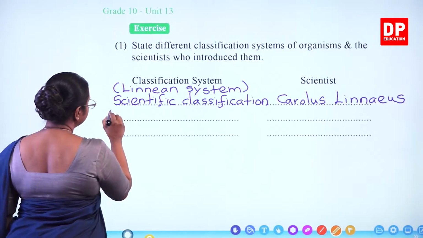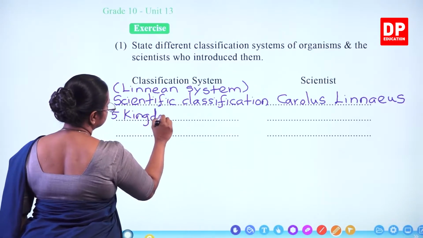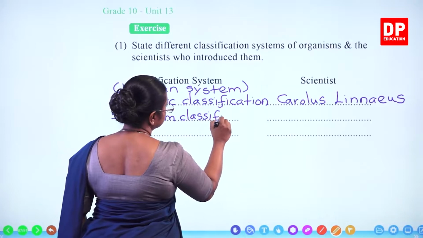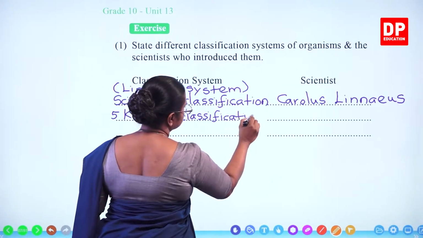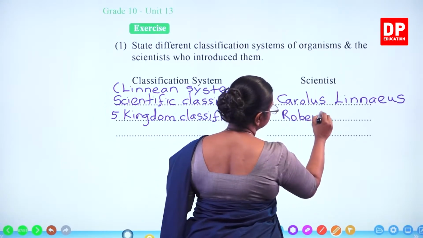Then we have the 5 kingdom classification by Robert Whittaker.